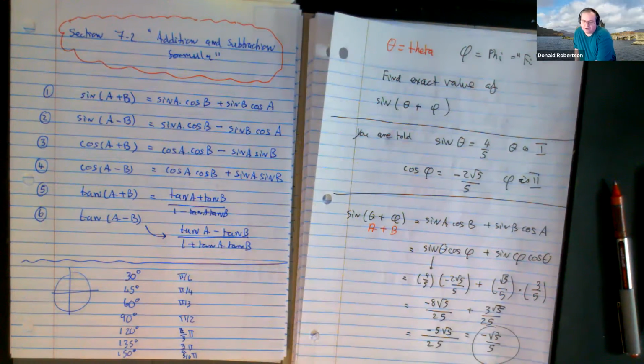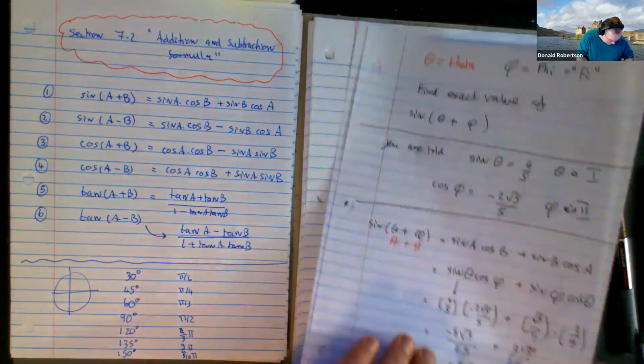There's our answer. Actually, it's quite a pretty answer, isn't it? Are we comfortable about the entire process? Because I'm going to be doing one in a moment, and I'll leave most of the working up here.